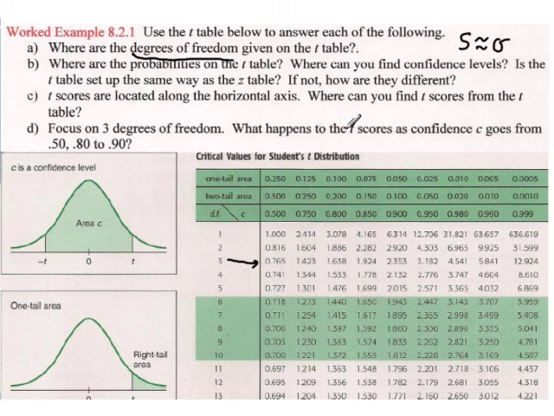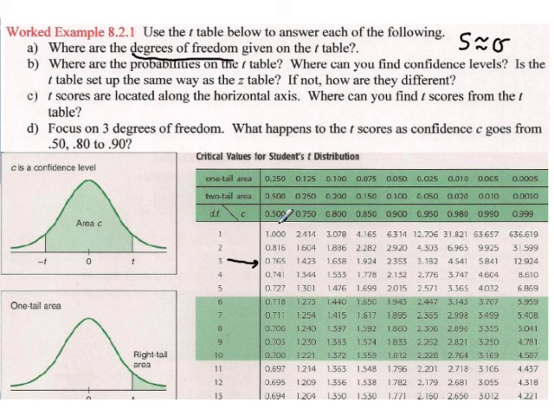What happens to the t-scores as confidence C goes from 0.50 to 0.80 to 0.90? In other words, we're getting a bigger and bigger area. We should expect the t-scores to increase as well. So, remember how this works though. The confidence is given up above.